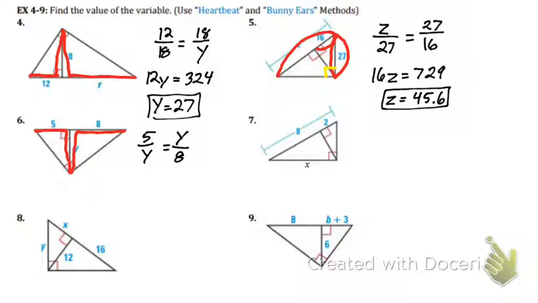Which is going to give me y squared equals 40, which will give me y equals square root of 40. Well, 40 is nice because I know 4 goes into it, so you should be able to simplify this on your own to 2 square root of 10.